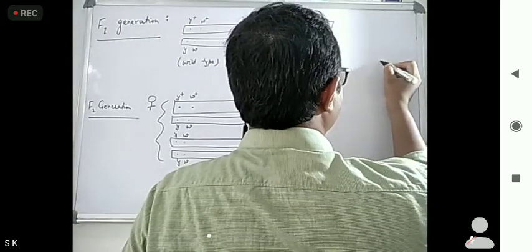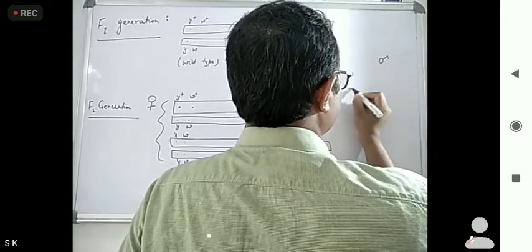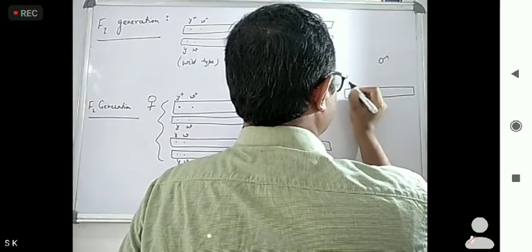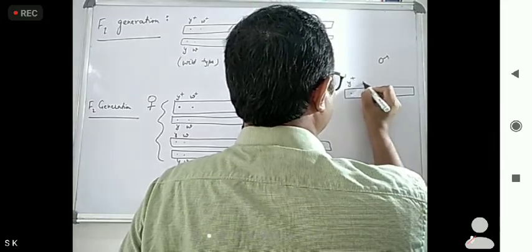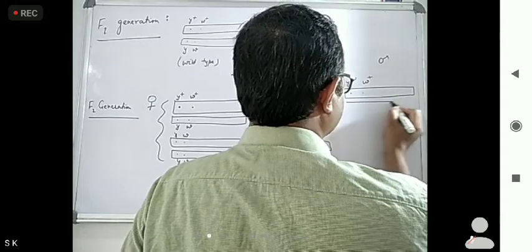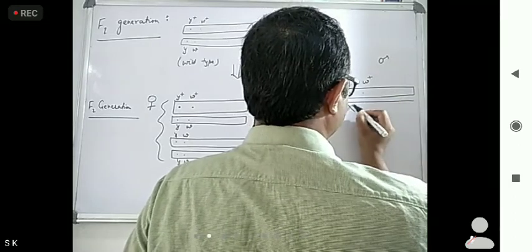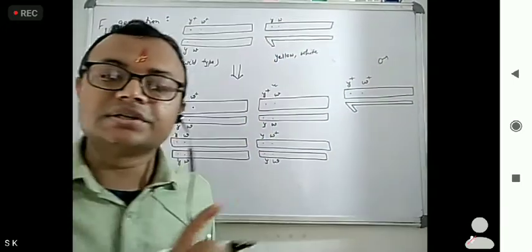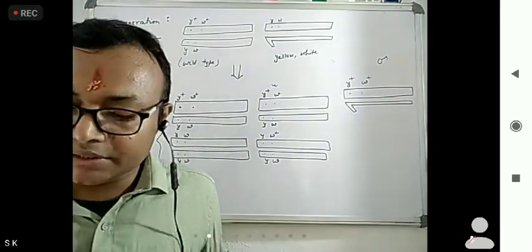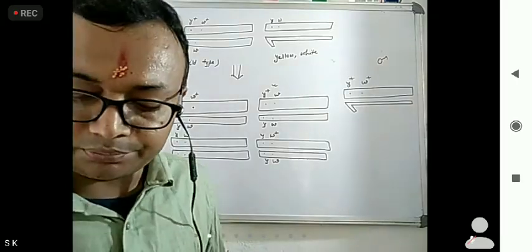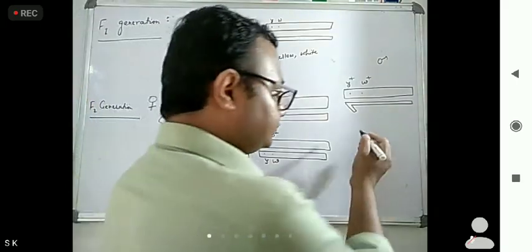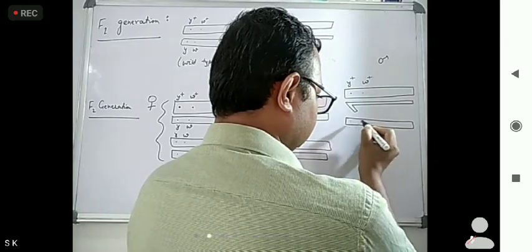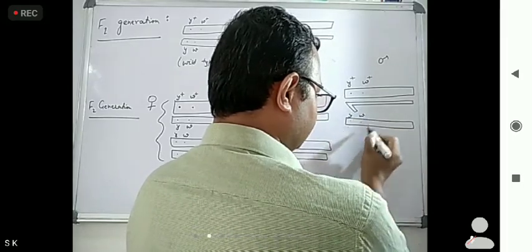So we have to come to the male. The dominant one, Y plus, W plus, and this is their Y chromosome. It has no significance; the only significance is that they will be fertile. So this one was the first type. Similarly, YW.